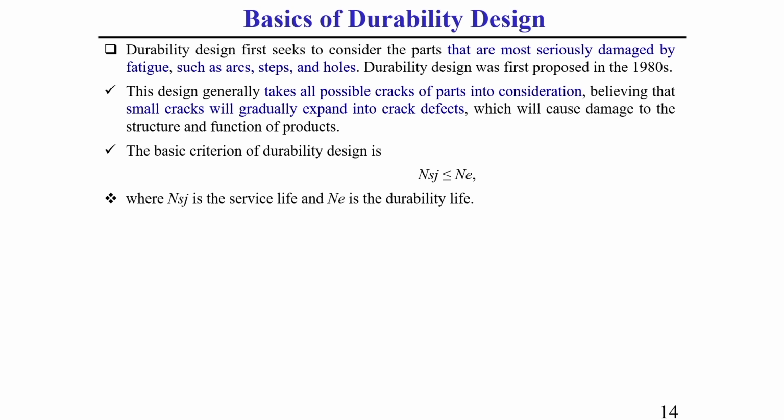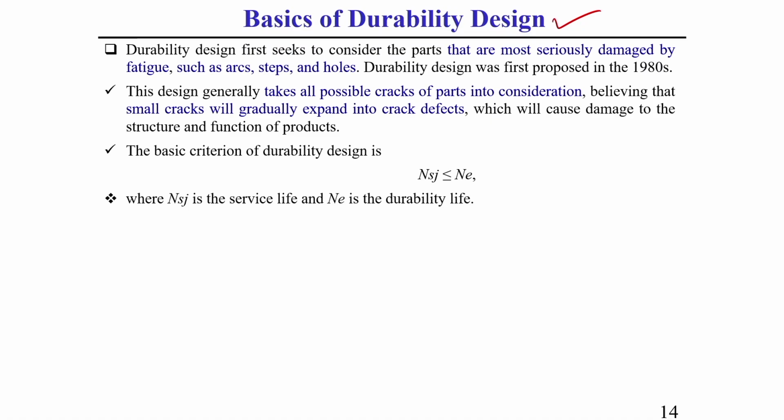Okay. Now, the fourth method of fatigue design is called durability design. In this design also the structure approach is generally considered. The durability design first seeks to consider the parts that are most seriously damaged by fatigue. That means we need to choose those parts which can be subjected to serious fatigue damage.